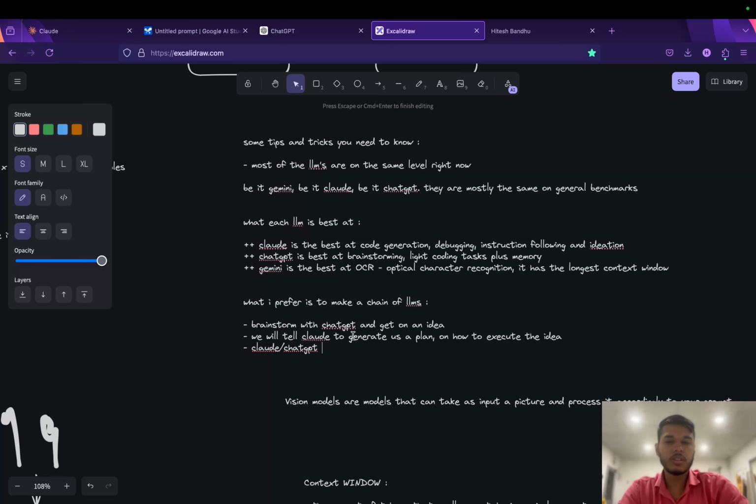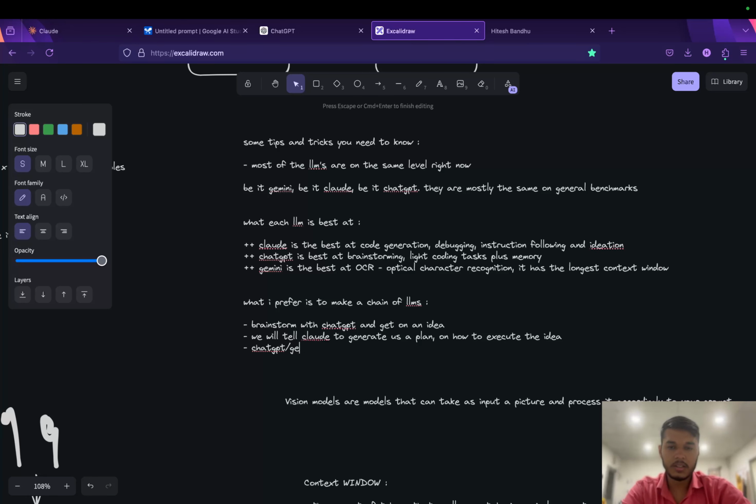So then what we'll do is we'll most probably not use Claude. We'll use ChatGPT. I won't be using Gemini unless I have a lot of data that I want to do OCR with, or if I want to leverage its context window.